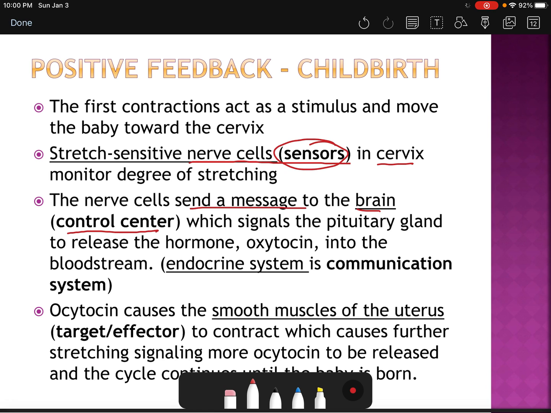Remember, that's your control center. This is going to signal the pituitary gland to release a hormone called oxytocin, and that's going to enter into the bloodstream.